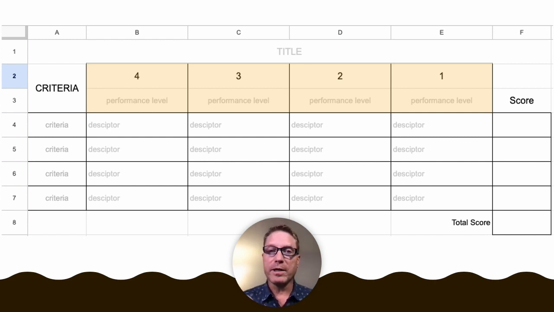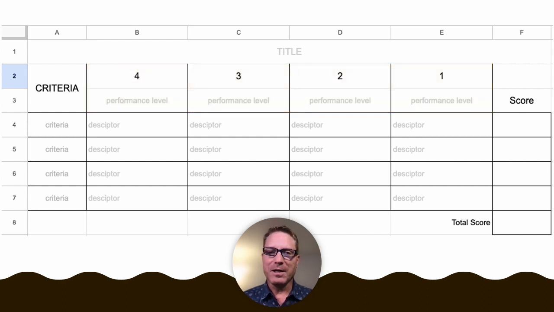So if level 3 is meets, level 4 might be exceeds expectations, level 2 might be approaching expectations, and level 1 might be below expectations. And if you're not comfortable with your performance levels, please just use those. Those will work. Those work very well. Okay, especially for a 4-point scale.